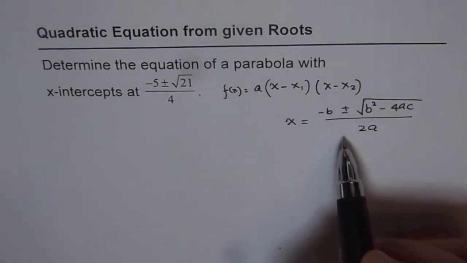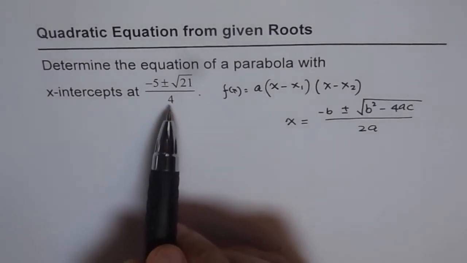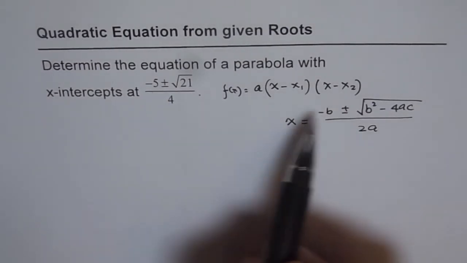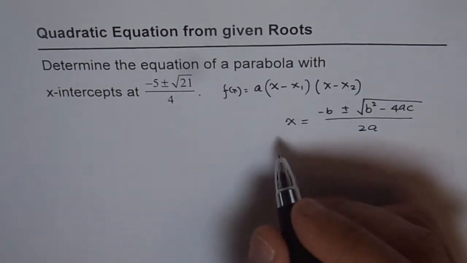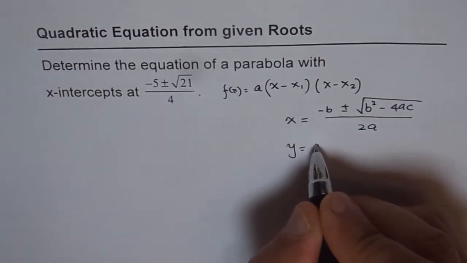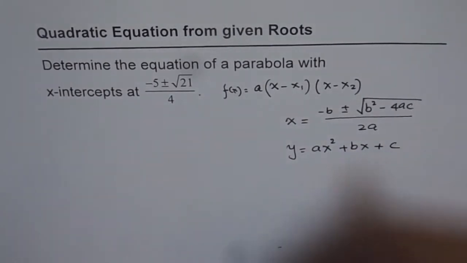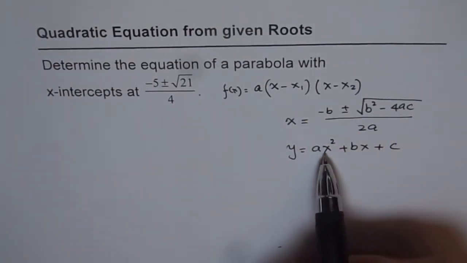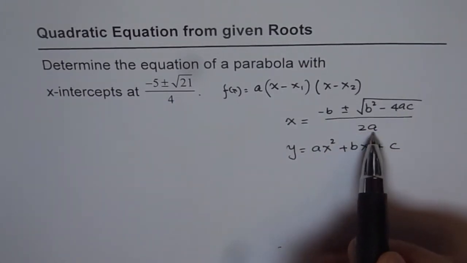So this value is the same as what we have evaluated. So if you could correspond numbers to variables, you can actually get the equation in the form y = ax² + bx + c. Do you see that? Now a is the coefficient of x², which is the term here in 4ac and in 2a.